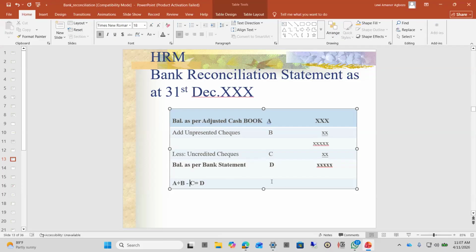Yes. So when you turn it, this is how it will look. It will be D plus C minus B will be equal to A. Have you seen it? Yes.